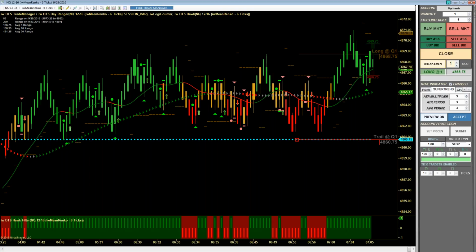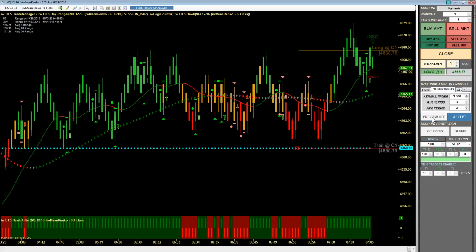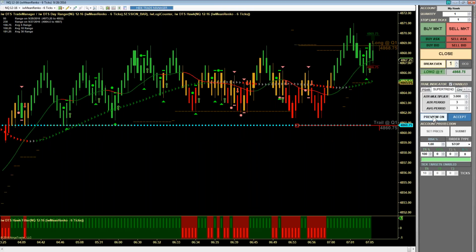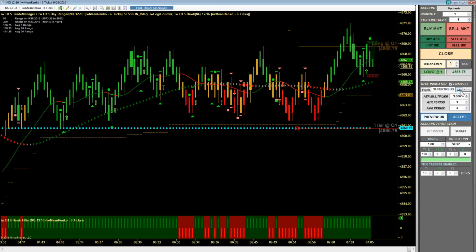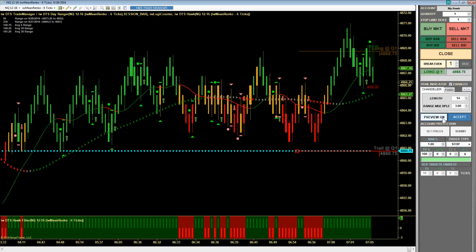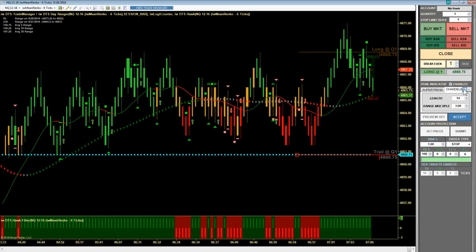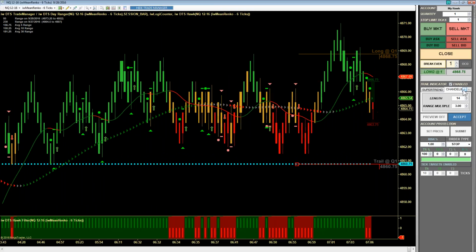Let's say I want to make that a little bit more conservative or liberal, whichever way that works. No, let's go with chandelier. No, that's still kind of cozy. Okay, I think we're just going to hang with the swing stop for the moment.